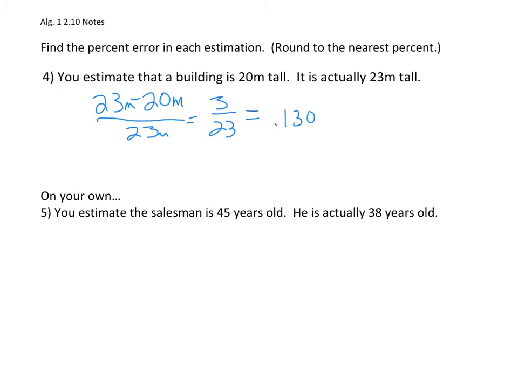So I'm going to round that to 13%. And again, for those of you who need this, percentages are always based on 100, so we just move the decimal place over 2 spots.